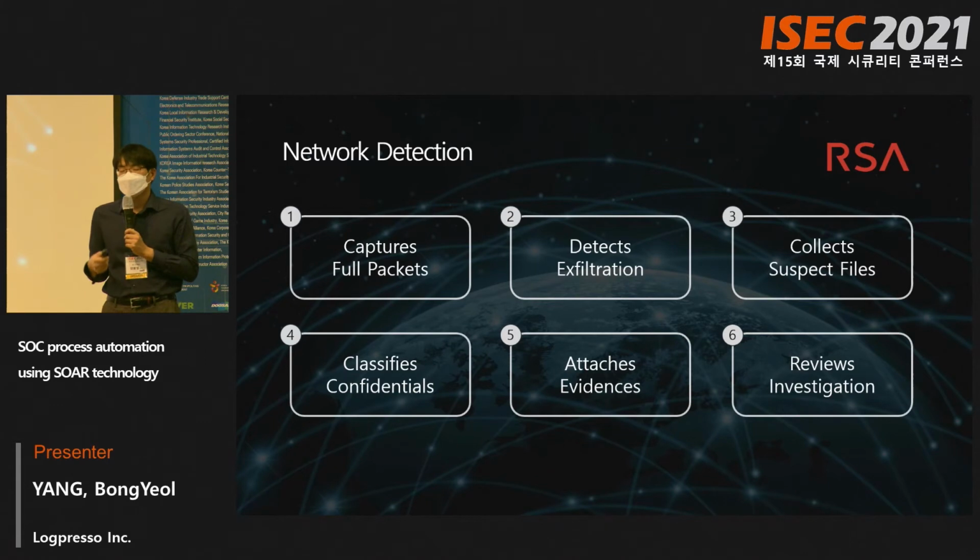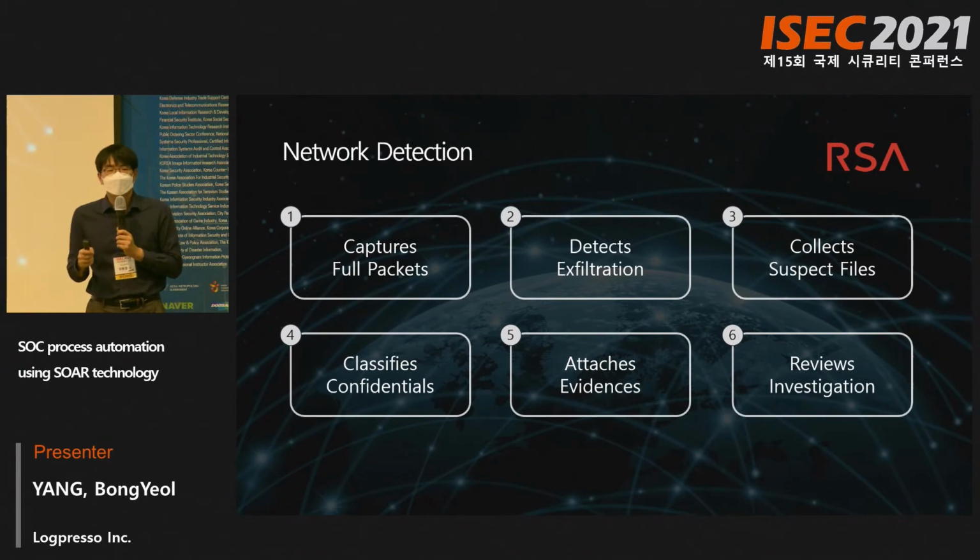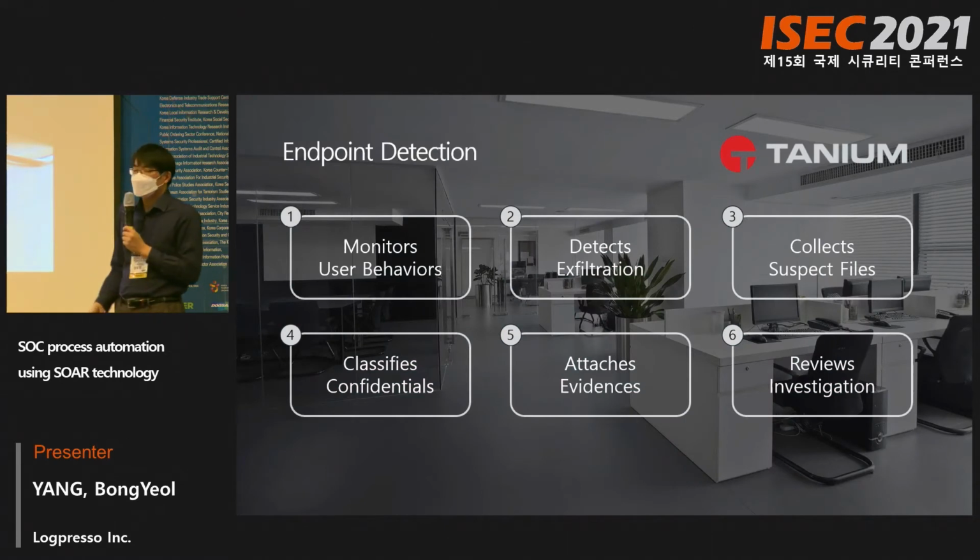Because if it's an external document, maybe it doesn't mean much, and then it would be closed as a clean one. But if internal information is included, the very file is attached to the ticket to make sure that the security team can review it, by installing such an automated system in the workflow.